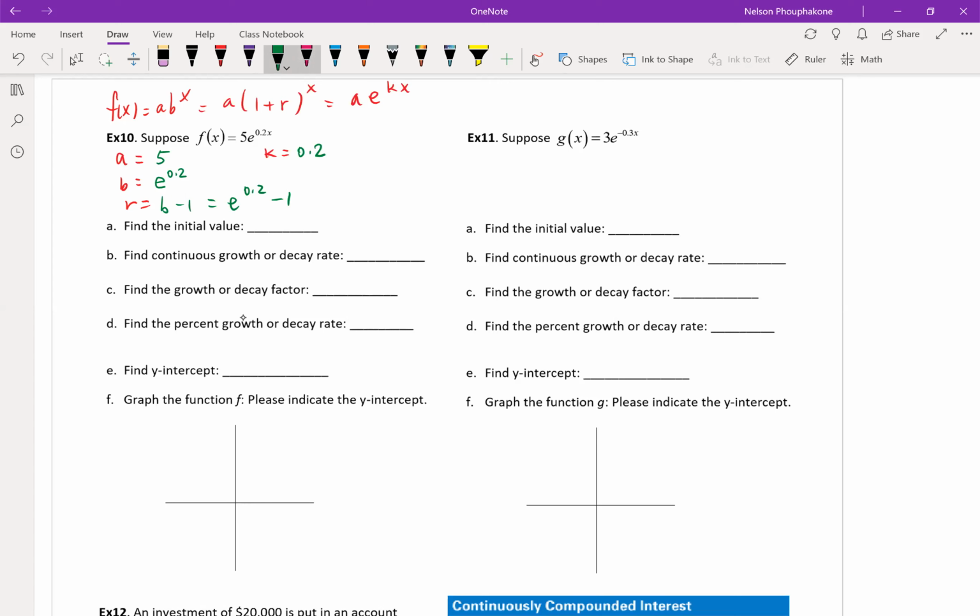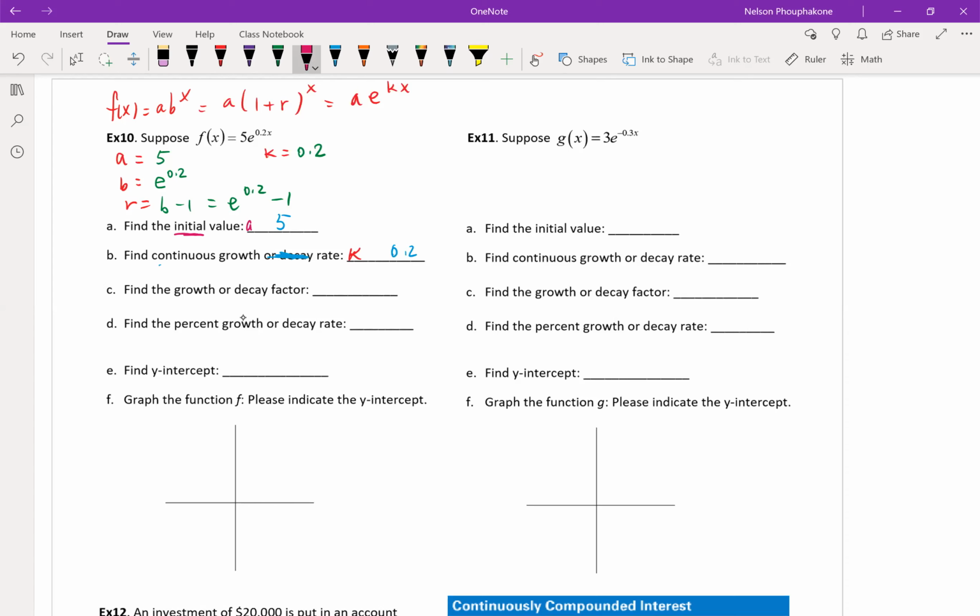Okay, so let's see how we actually finish this problem. Remember, the initial value is a, so this is equal to 5. And then the continuous growth or decay rate. In this case, k is positive, meaning this is the growth rate. The continuous growth rate is related to k, and k is equal to 0.2.